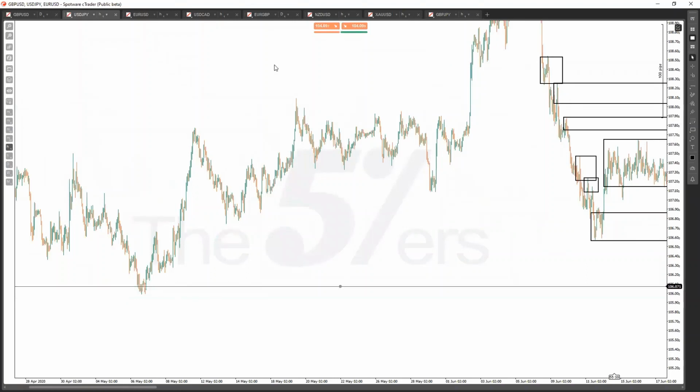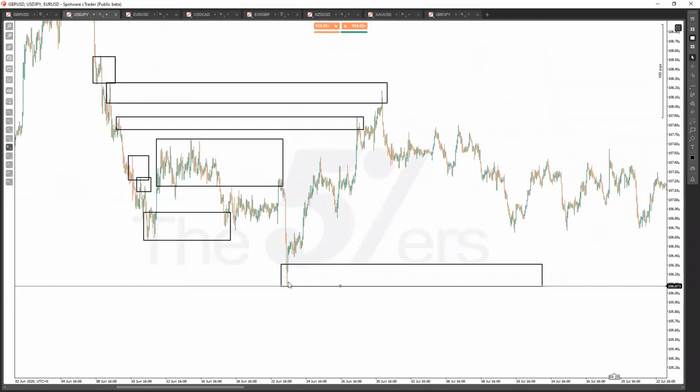And we see we have here a fresh demand, right? A fresh demand that price was actually reacting from here. So every time we go left, we have a way to understand why price had decided to stop here.